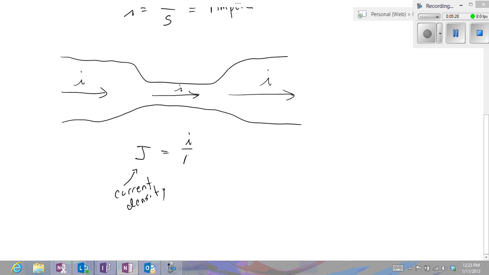So it would be I over A. So here in this section, the current density J would be greater than the current density in area 1. So the current density in section 2 would be greater than the current density in section 1, because we have the same amount of current flowing, but it's being compressed into a smaller cross-sectional area.